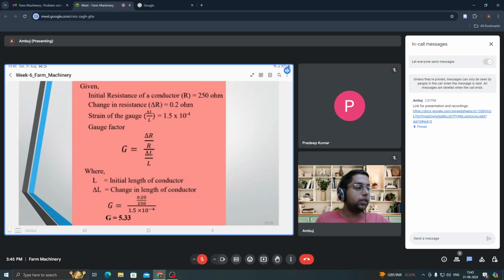The gauge factor symbol is G. G is del R over R divided by del L over L. Directly, we have been given del R, the change in resistance, 0.2, then R as 250, and del L by L, the strain of the gauge, as 1.5 into 10 raised to power minus 4. Keeping all the values, we will get G as 5.33.